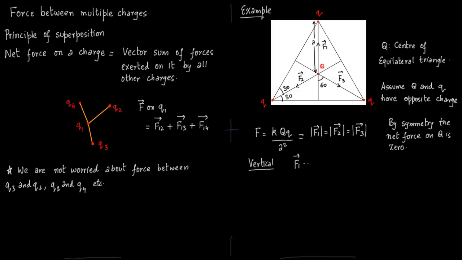So in the vertical direction you have the F1 vector which is going up, and from this magnitude you subtract the total force going down. So the total force going down is, first you see that you have the component force which I am marking in green as downward. So this is F2 cos of 60 degrees, and you similarly have F3 cos of 60 degrees.